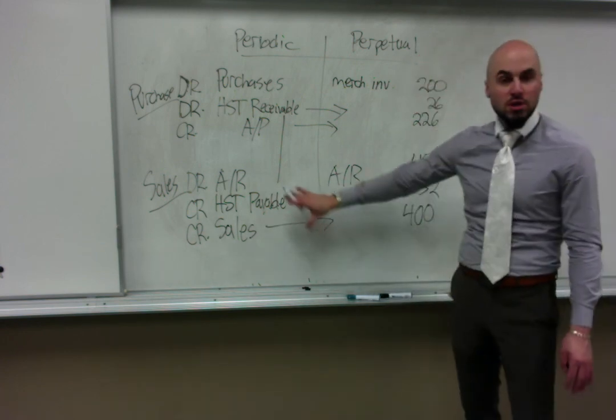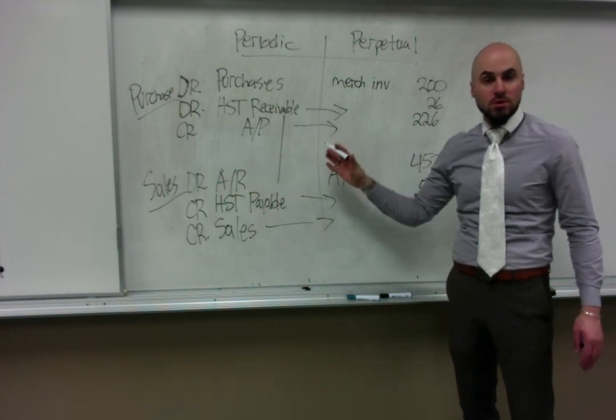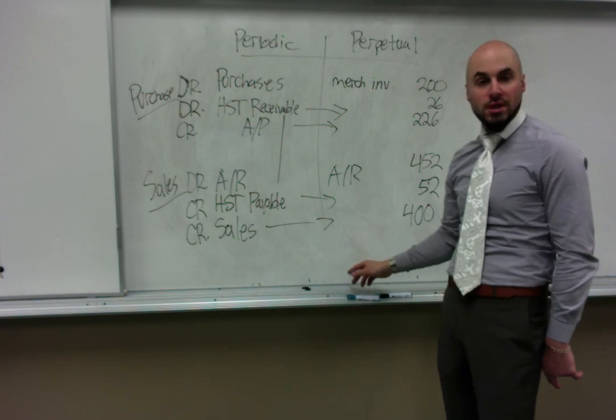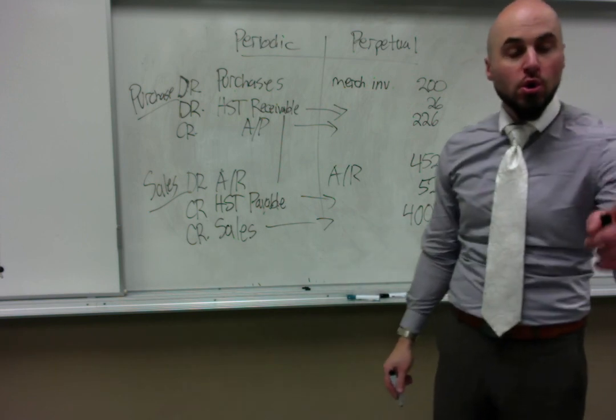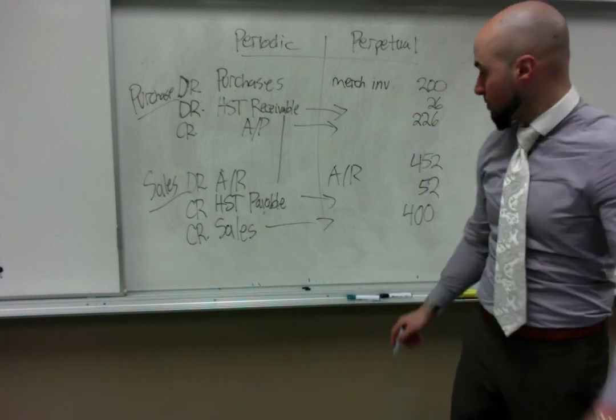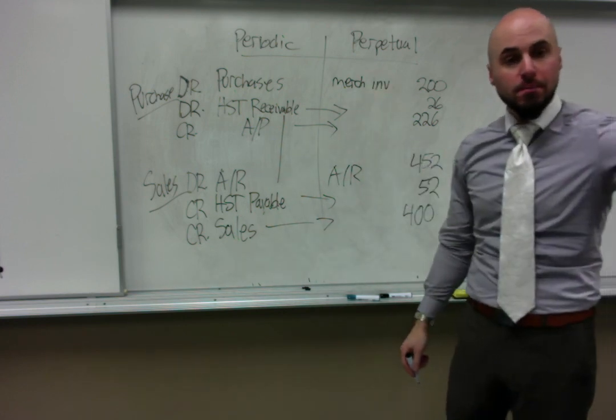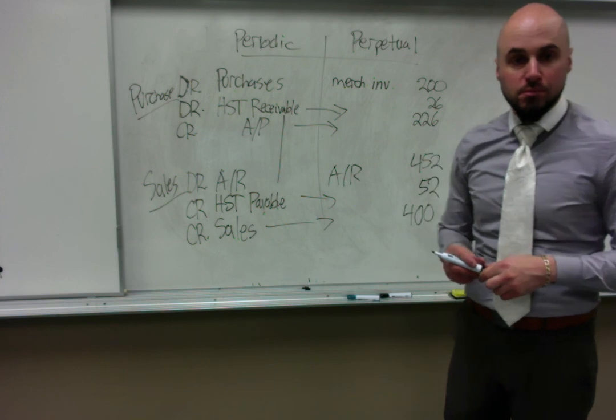So it's the same entry in both systems, but then you'll have that second entry, cost of goods sold, merchandise inventory, to only record your cost of those goods the same way we did when we recorded it earlier in the video. Okay?